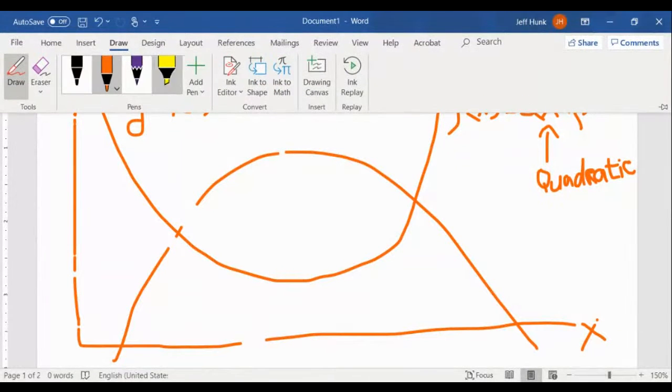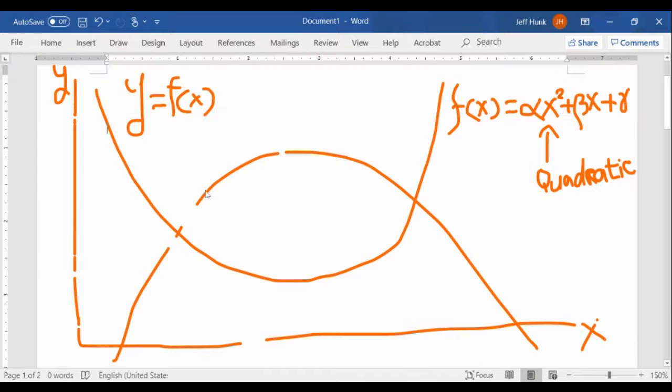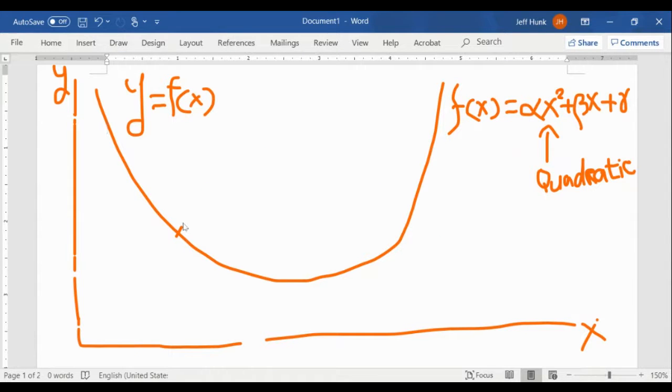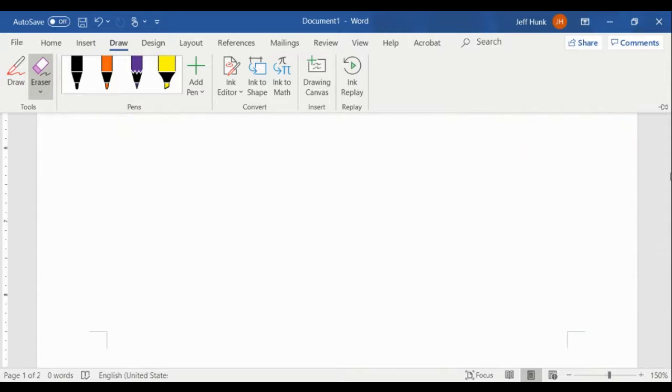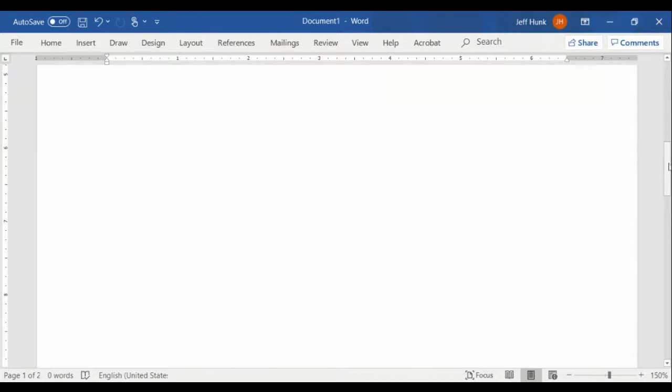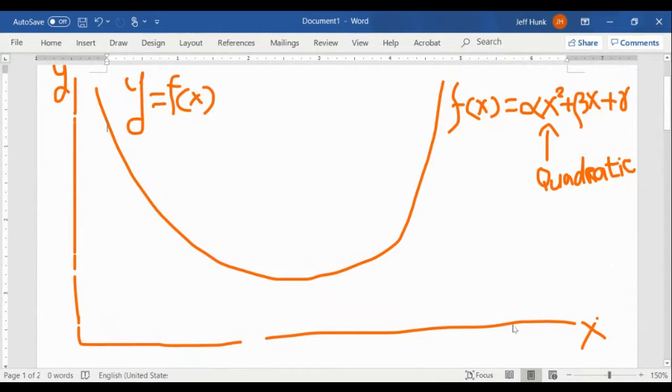But let me just use one. In this case, there's no solution for x, because the curve is not actually touching the x-axis.